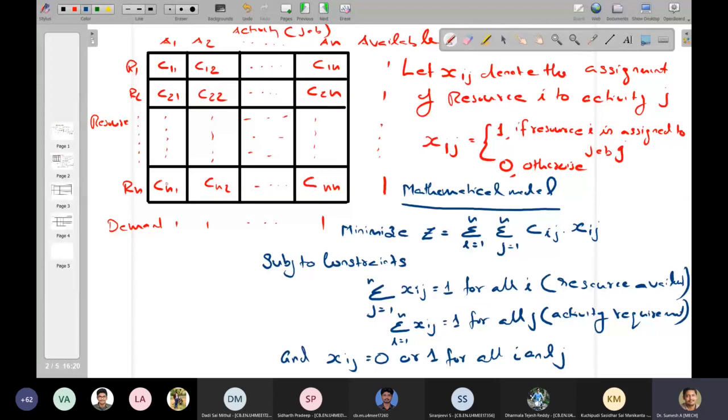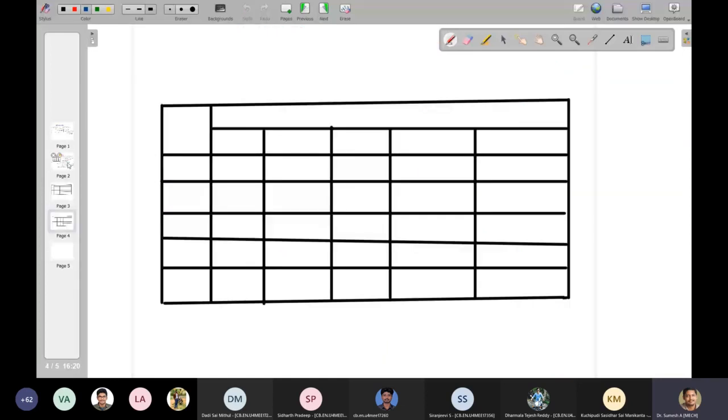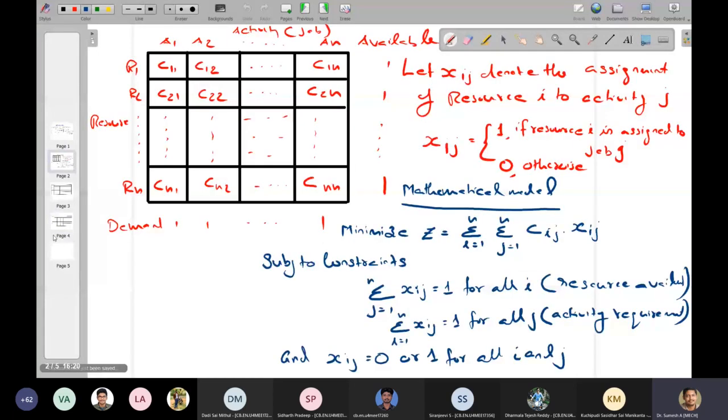We are not going to model and solve it mathematically. We are going to solve the assignment model based on an algorithm called the Hungarian algorithm or Hungarian method. You can make the formulations and proceed mathematically, but we are not going to do it.